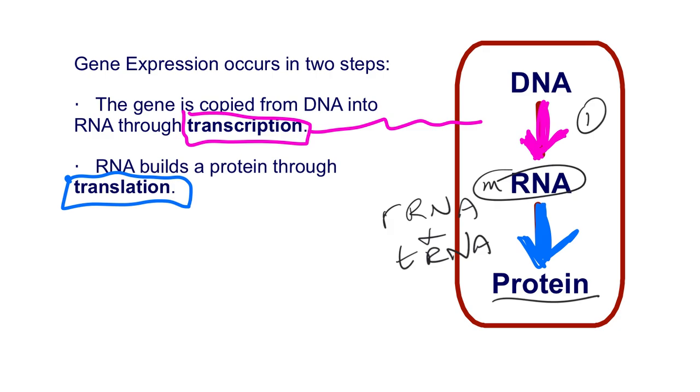So transcription is the copying of the DNA gene into mRNA. Transcription. And then this process right here is called translation. Both are steps of gene expression. Translation, again, is decoding the mRNA into the protein.